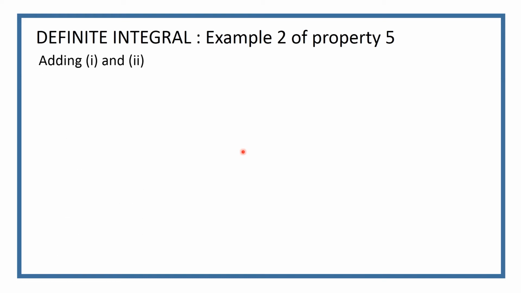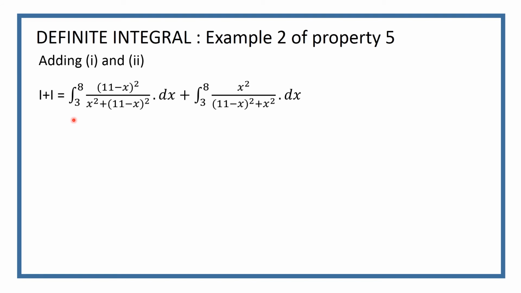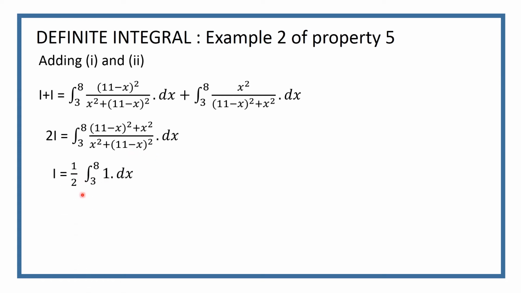So we'll add equations 1 and 2. So what we'll get? I plus I equals integration 3 to 8 (11 minus x) whole square upon x square plus (11 minus x) whole square dx plus integration 3 to 8 x square upon (11 minus x) whole square plus x square dx. So in the next step, we'll get 2I equals integration 3 to 8 the numerator and denominator form, over here numerator and denominator are same, so they will get cancelled, and we'll get I equals half integration 3 to 8 1 dx.